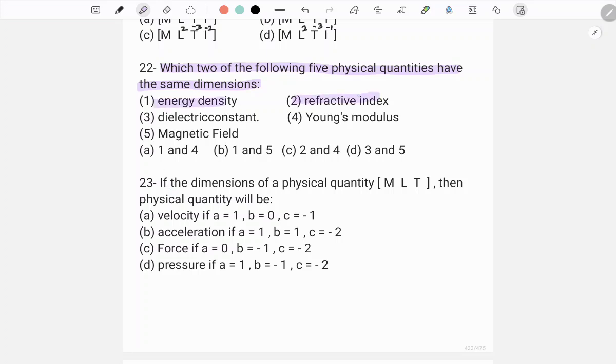Energy density, refractive index, dielectric constant, Young's modulus, magnetic flux. If the dimensions of physical quantities M, L, T, then physical quantity will be M to the power a, L to the power b and T to the power c.